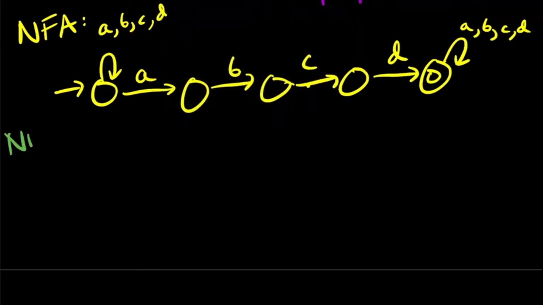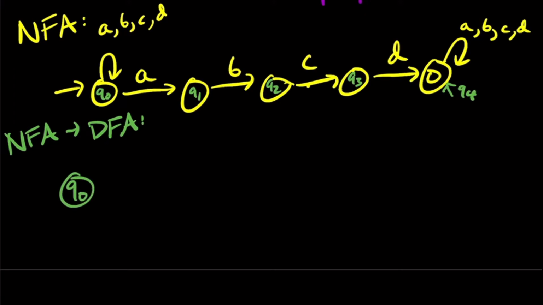So let's go with the NFA to DFA conversion. Let's give these names. I'm going to call the first state Q0, Q1, Q2, Q3, and that guy over there is Q4. There's no epsilon transition, so I don't need to handle epsilon closure. I should actually name the first state a little differently.